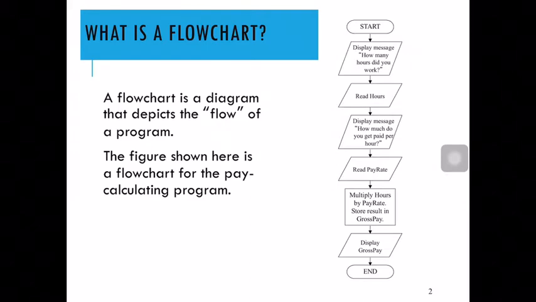So here it shows, for the first, it starts, it says it will display a message, how many hours did you work, and the user will input the hours, and then you have to put in how much is the rate of payment per hour, and then they will read a variable called the pay rate, and then the operation is multiplying the hours by the pay rate, and it will store the result in a variable named gross pay.